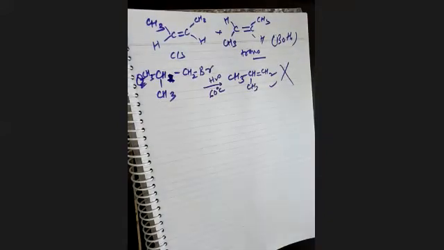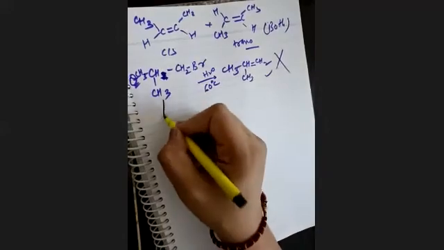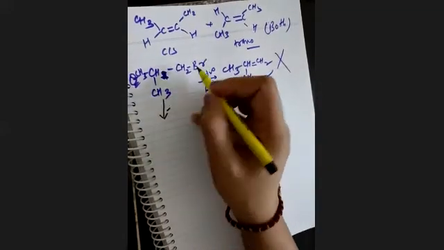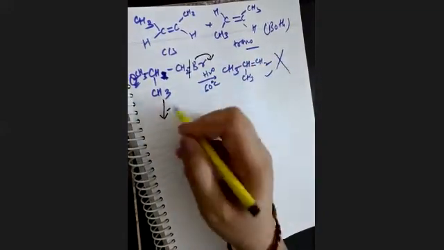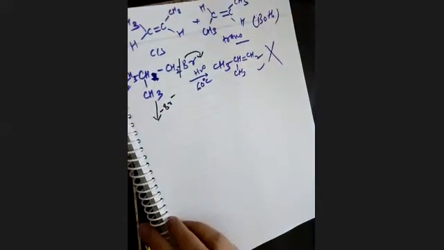Why is this wrong? Let me explain. What did we just study? Mechanism. We have studied mechanism. That mechanism plays a different role and can change the product too. So let's go through the mechanism. First, elimination of bromine will be there, minus Br negative. So what will be the product?